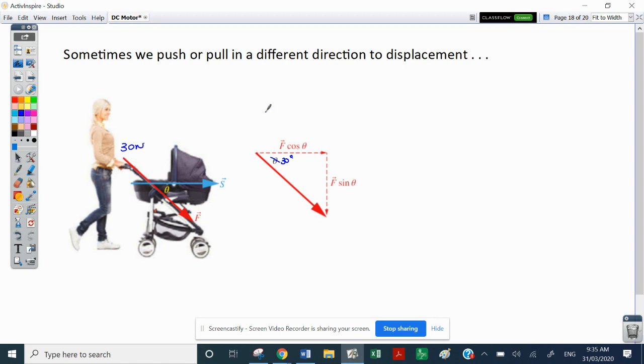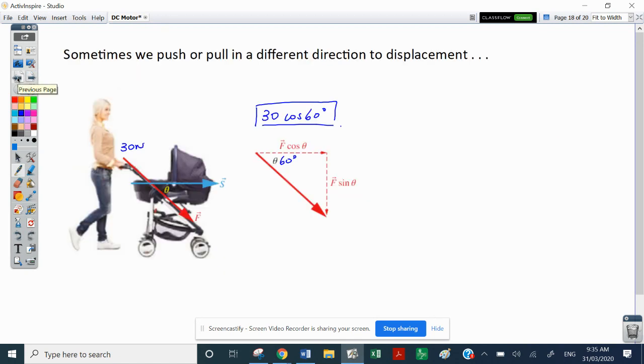I've used 30 twice, so let's make that a different angle. Let's make it nicer. Let's make that 60 degrees. So this would be 30 newtons cos 60 degrees. And that would be the force that we would use here. Okay?